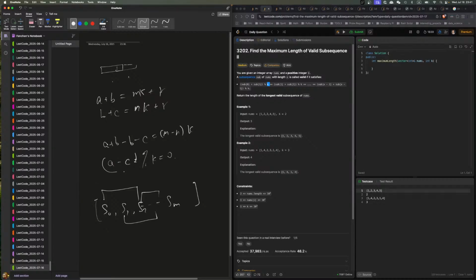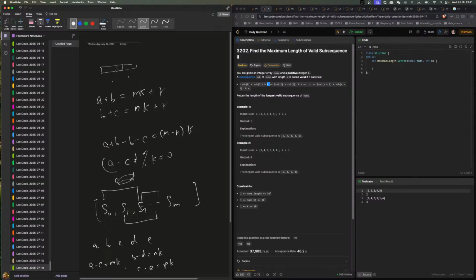So if A minus C is divided by K and C minus D, now already C minus C, I have A, B, C, D, E, right? And say A minus C is, I'll call it MK, B minus D, NK, C minus E, PK, right? What does this tell us?